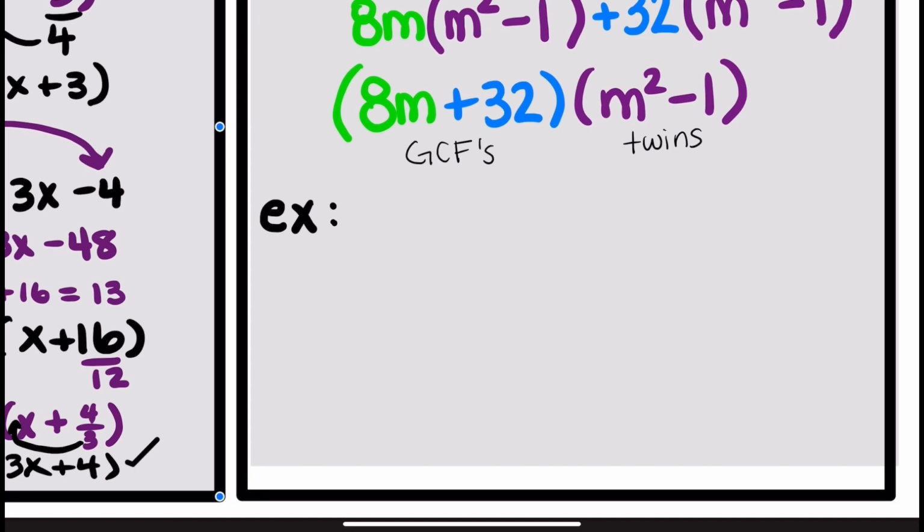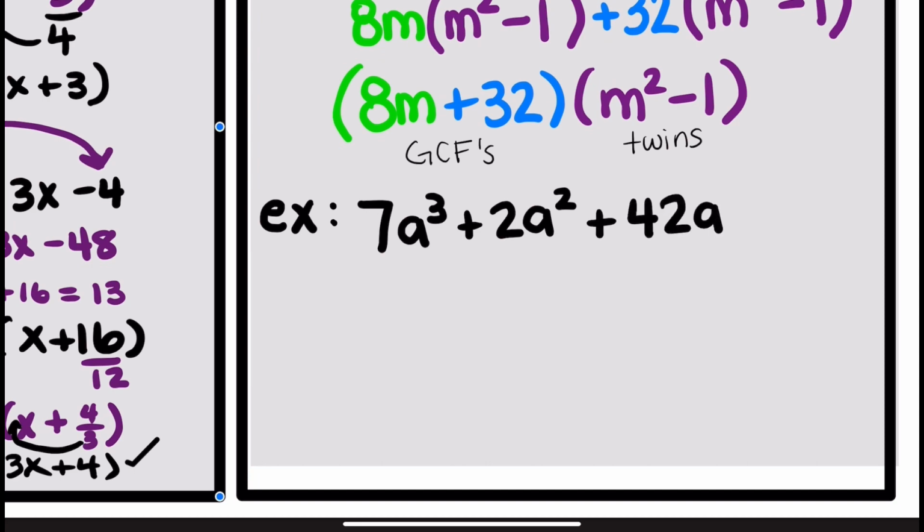Okay, so example number 2, we're going to be doing 7a to the 3rd power plus 2a squared plus 42a plus 12. Okay, again, we are doing the grouping method because there are 4 terms in this problem.